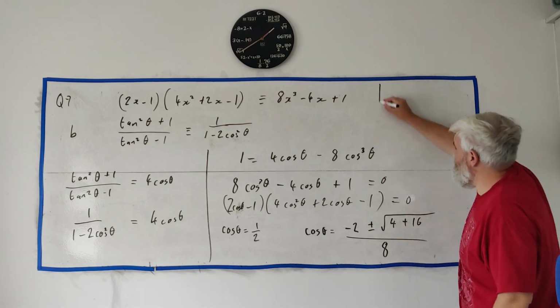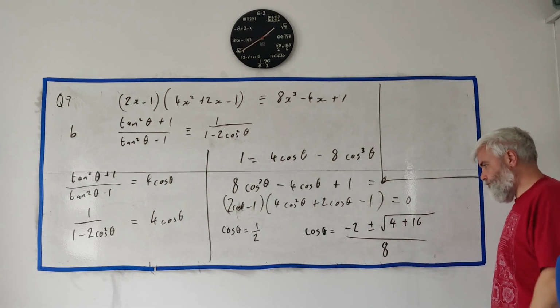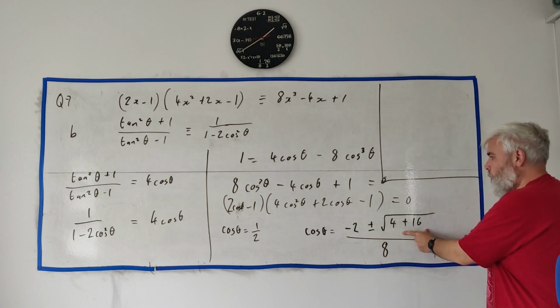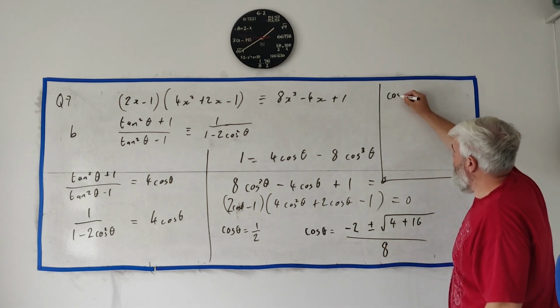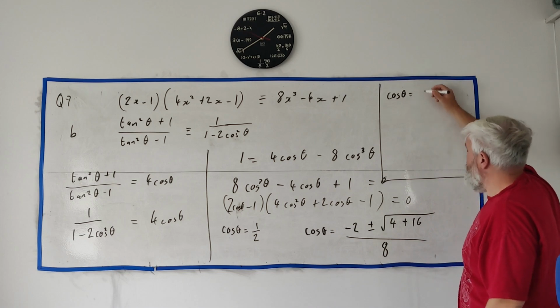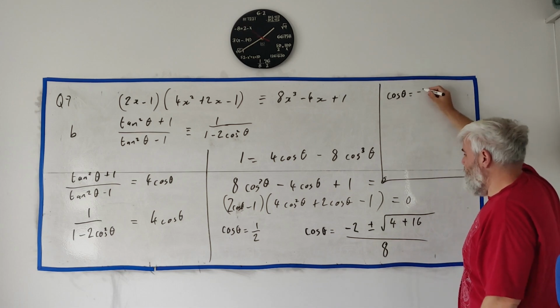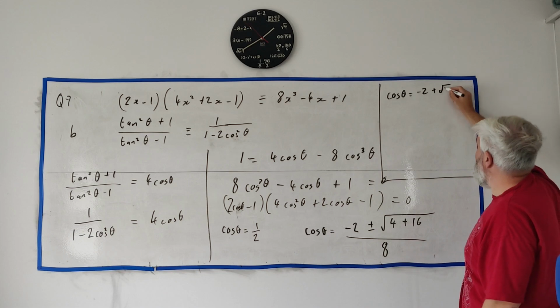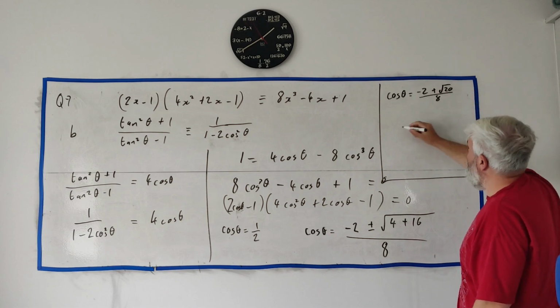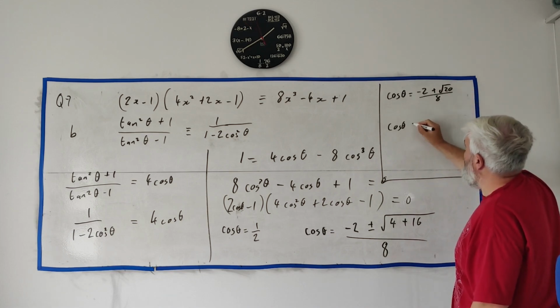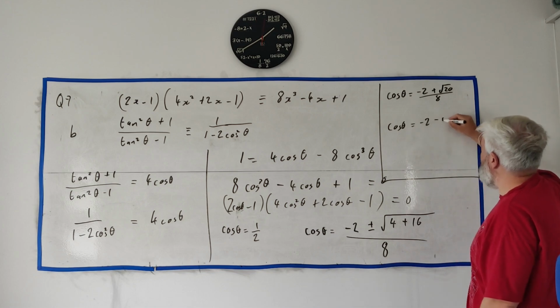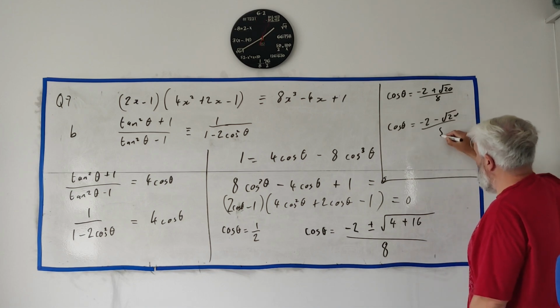This is the square root of 20. So cosine theta is equal to, we get 2 answers, minus 2 plus square root of 20 over 8, and cosine theta is equal to minus 2 minus square root of 20 over 8.